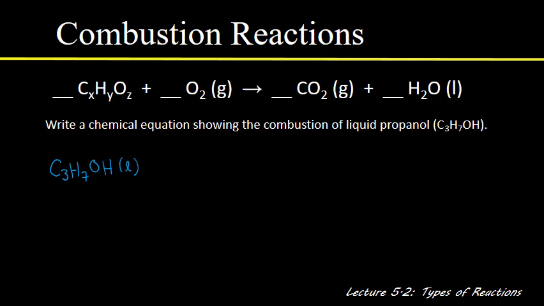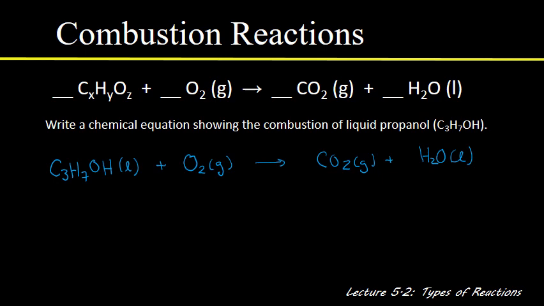In this case, we're told that it's a liquid. Because it's a combustion reaction, we know that the other reactant is going to be oxygen, and we know that the products are going to be carbon dioxide gas and liquid water.